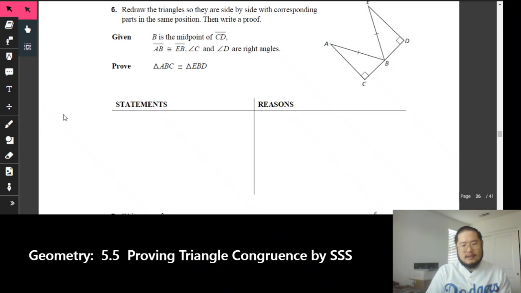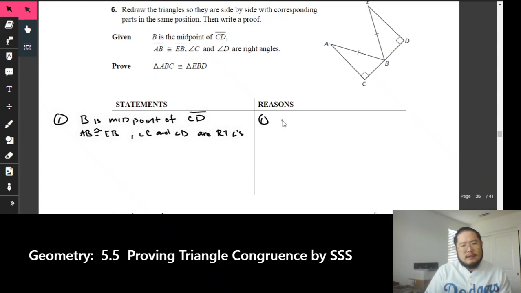Start off, once again, let's put what's given. So we can go ahead and say that B is the midpoint of segment CD. And let's go ahead and add AB is congruent to EB. Angle C and angle D are right angles.